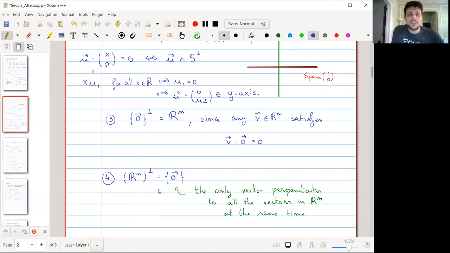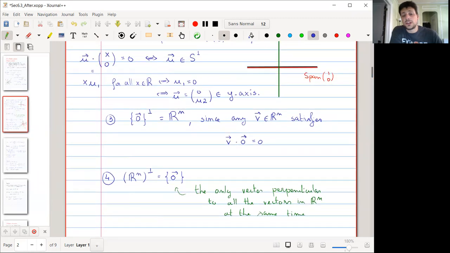To think about this, a vector in the orthogonal complement of Rn is perpendicular to every vector in Rn. And the only vector that is perpendicular to all other vectors is the zero vector.